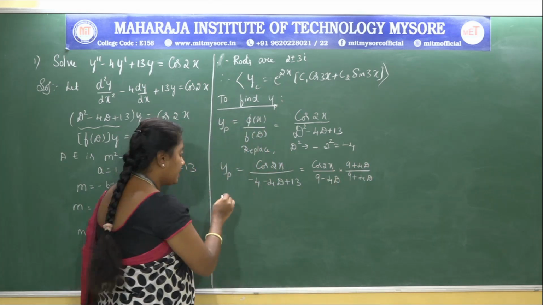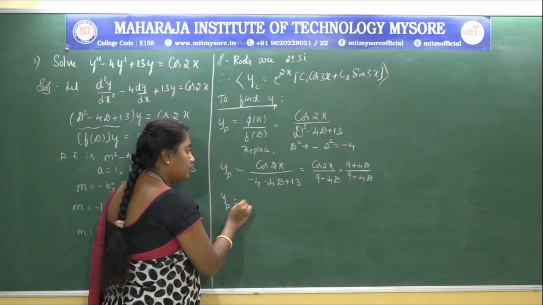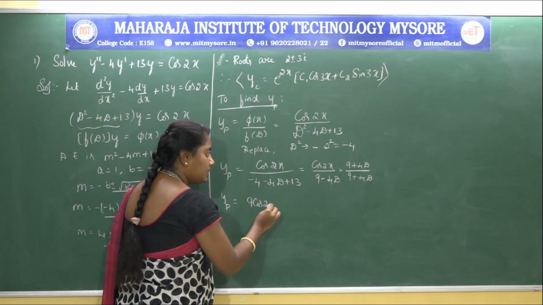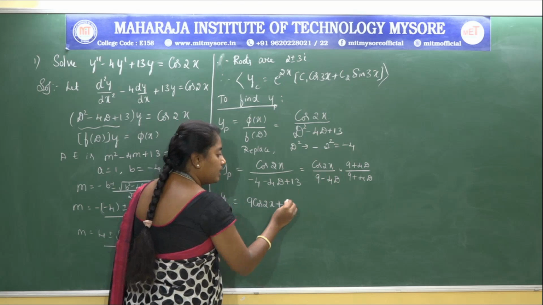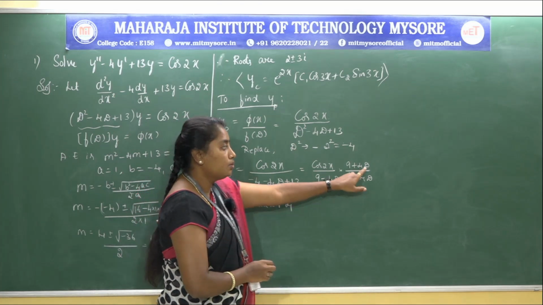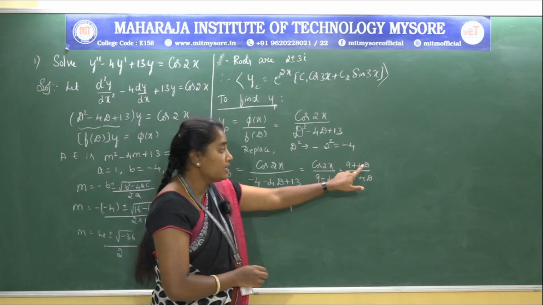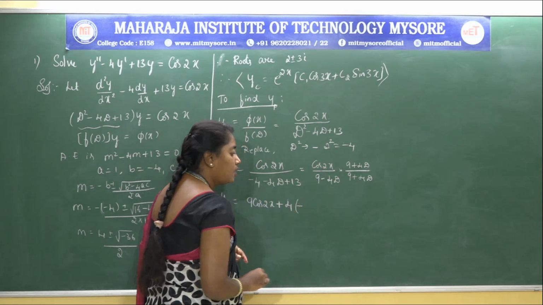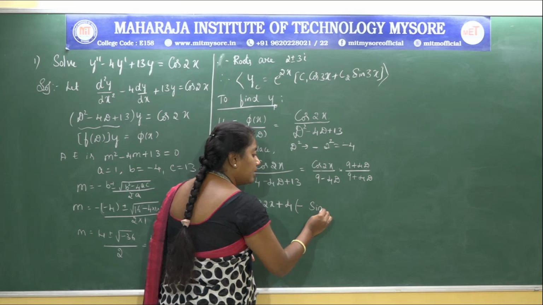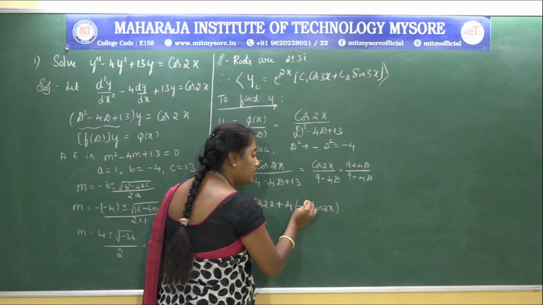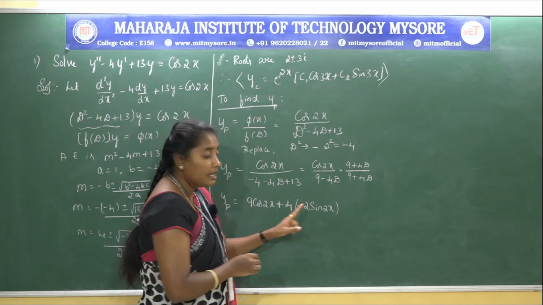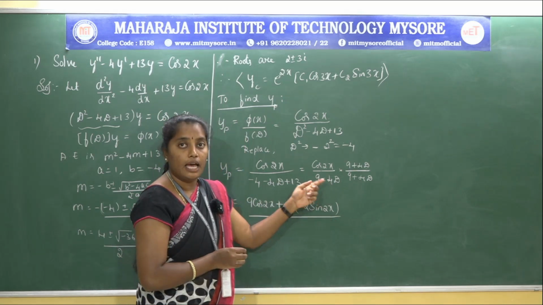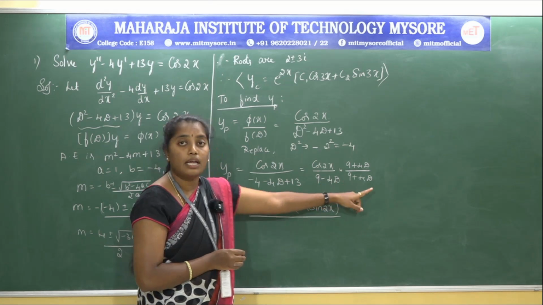Simplifying again, yp is equal to 9 cos 2x plus 4 into D of cos 2x, which is the differentiation of cos 2x: the derivative of cos is minus sin, so minus sin 2x into 2, that is minus 2 sin 2x, divided by the denominator 9 minus 4D into 9 plus 4D.